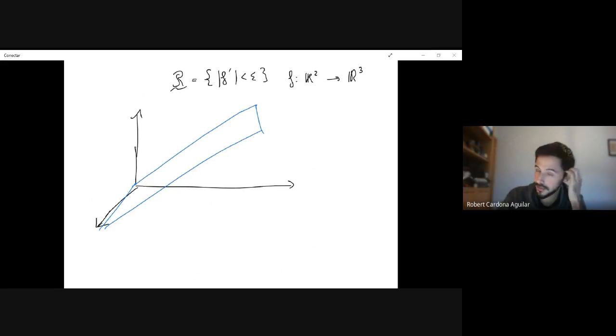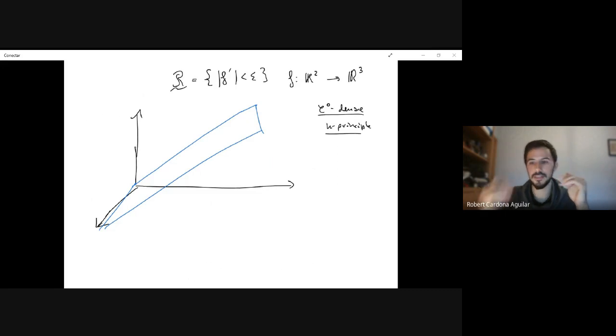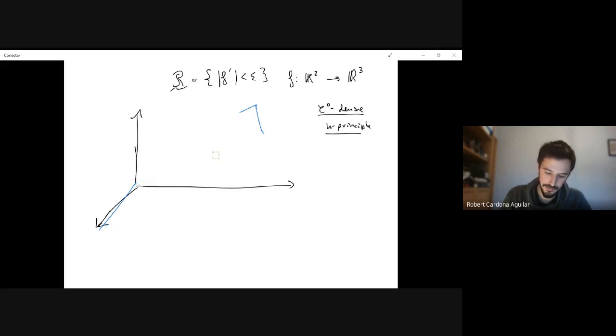But sometimes it's very interesting to ask whether you have what is called a C0 dense H principle. What this means is that I can deform with a C0 small deformation. This is true with some conditions. Let's look at an even easier example.